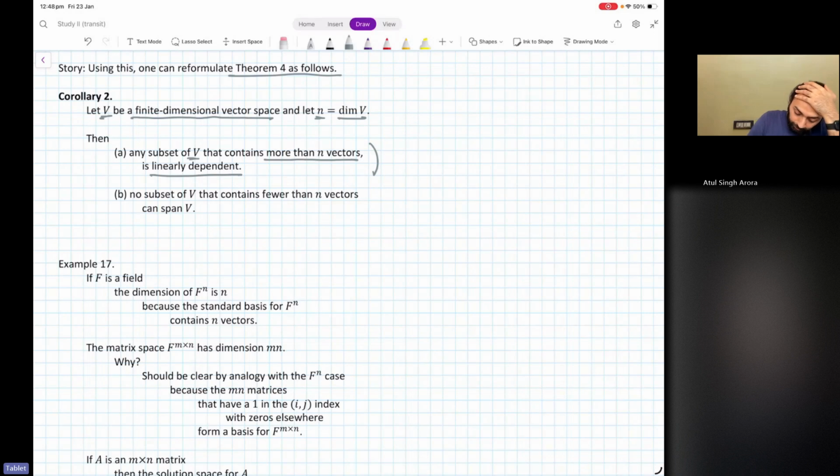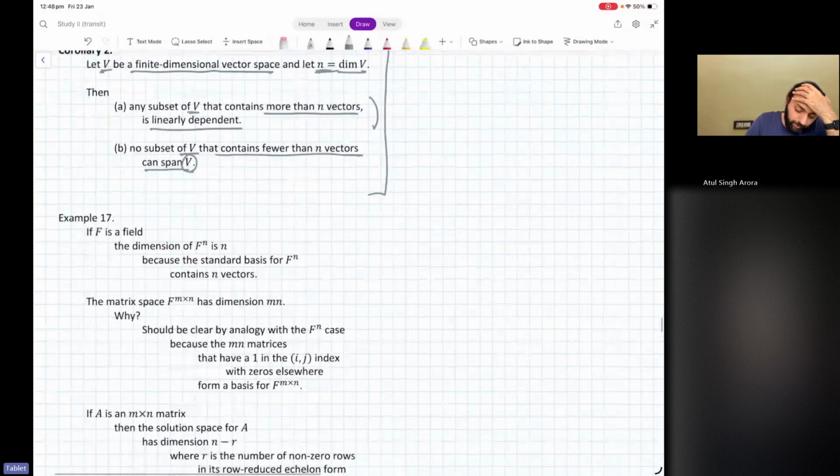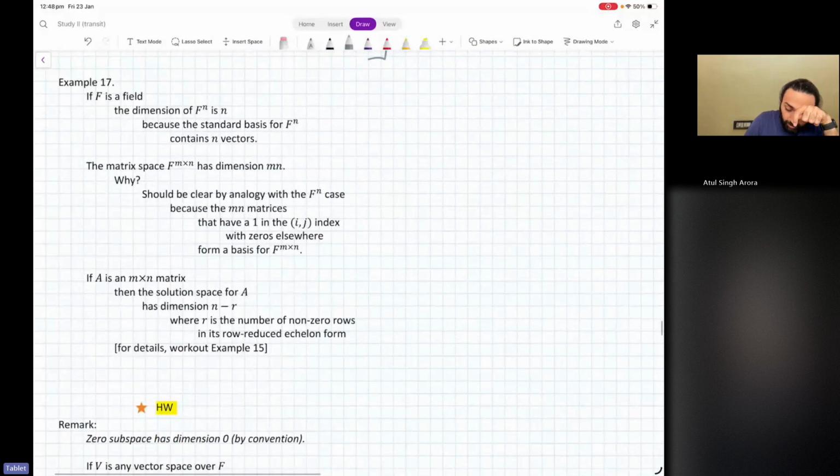And also, no subset of V containing fewer than n vectors can span V. So you cannot span V with fewer than n vectors, where n is the dimension of the vector space. These are basically just a restatement of the facts that we established above.